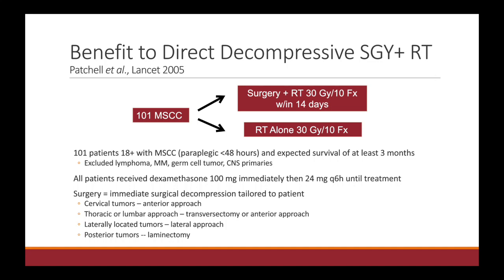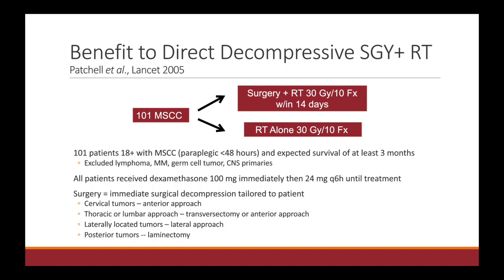In this study, they took 101 patients with metastatic spinal cord compression who had less than 48-hour history of paraplegia, expected survival of at least 3 months, and they randomized them to receive either decompressive surgery plus radiation, 30 gray in 10 fractions, or 30 gray in 10 fractions of radiation alone. And they excluded highly radiosensitive histologies, so they did not include patients with things like lymphoma, multiple myeloma, germ cell tumor.